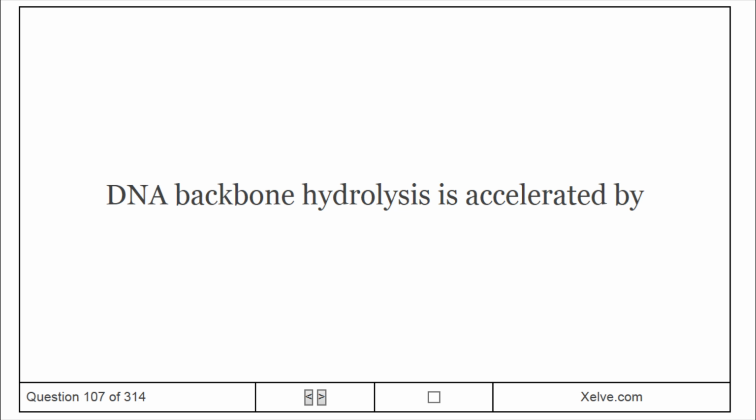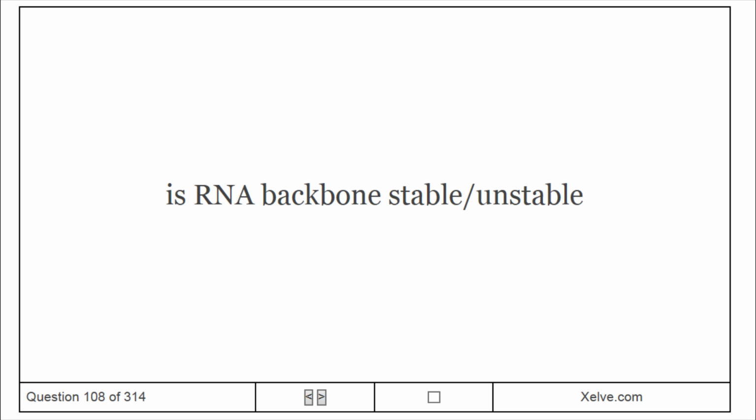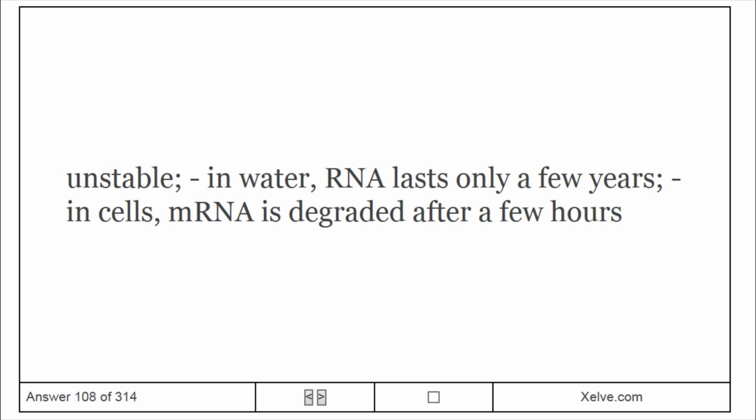DNA backbone hydrolysis is accelerated by enzymes, DNases. Is the RNA backbone stable or unstable? Unstable. In water, RNA lasts only a few years. In cells, mRNA is degraded after a few hours.